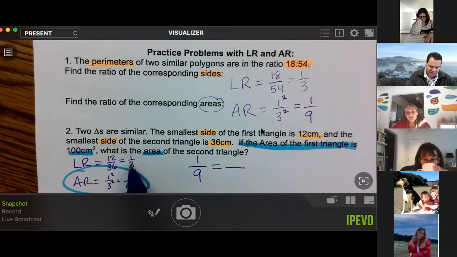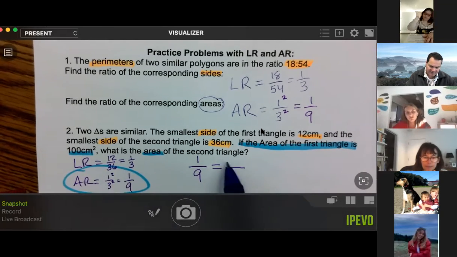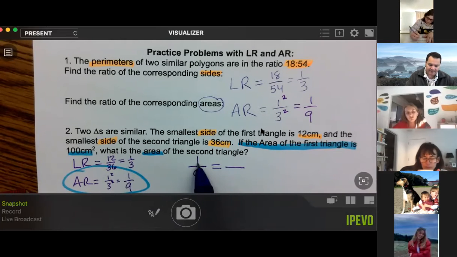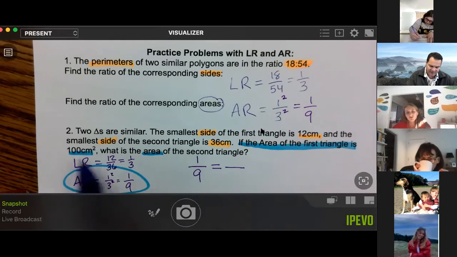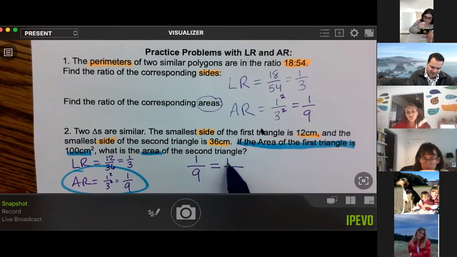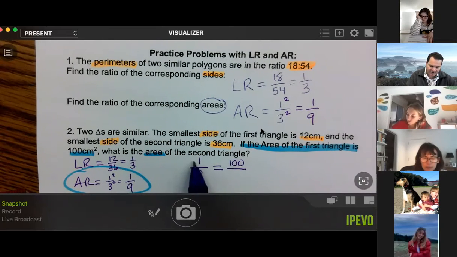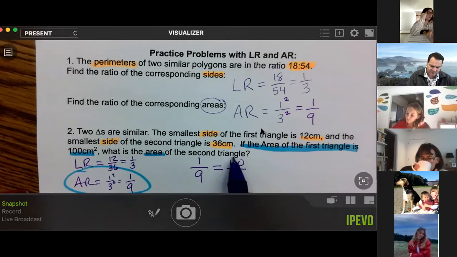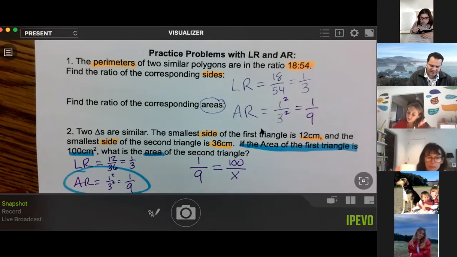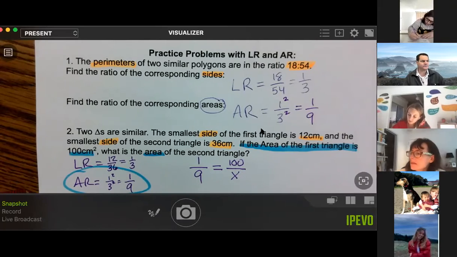So I put first triangle over second triangle. That's the way I set it up. So that means the first triangle is supposed to be on top because that's where I put the 1. So we expect this 100, which is part of the first triangle, to match with the first triangle information I already put in. It's asking about the second triangle, which came from the 36. So that would be lined up here. So that's where I put an X.